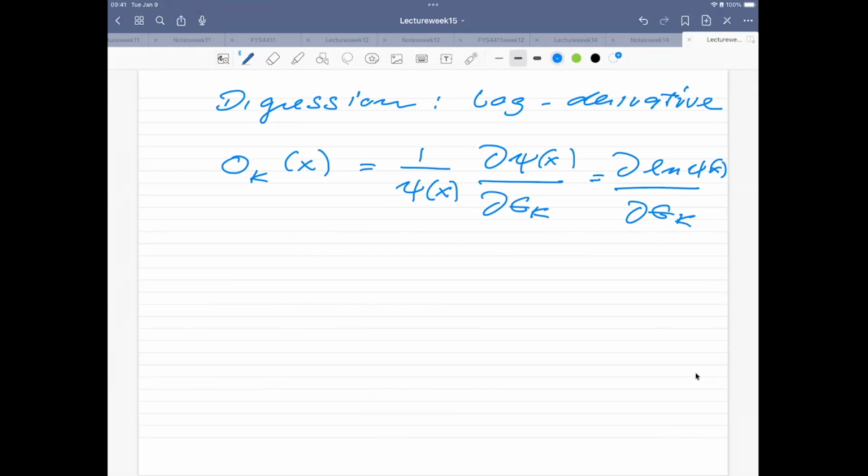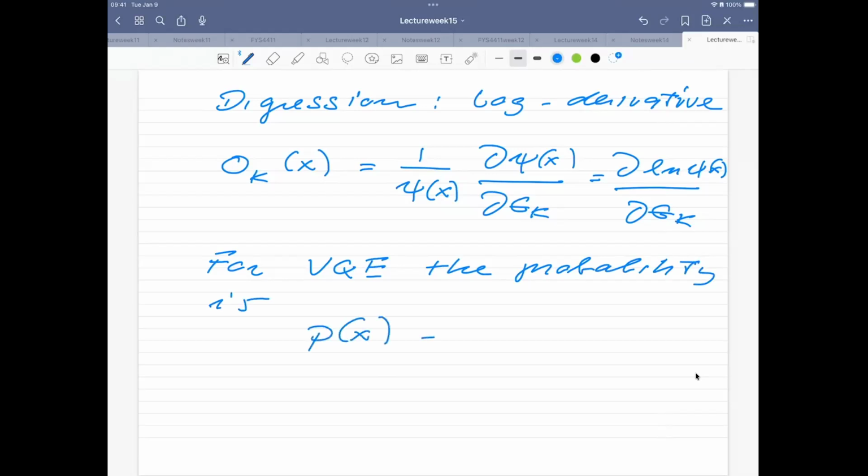So the kind of probability which we are looking at for VQE, the probability which we defined, is the probability of finding the system in a specific state. This is psi of x squared divided by psi over psi.